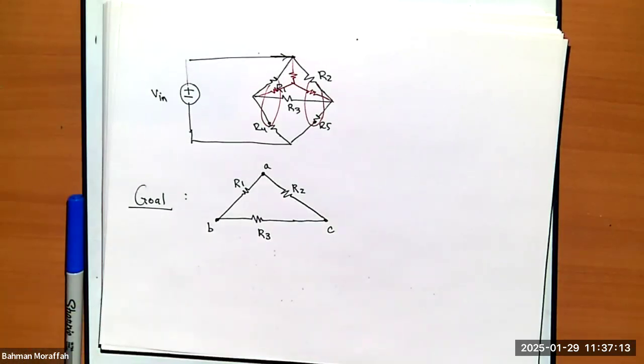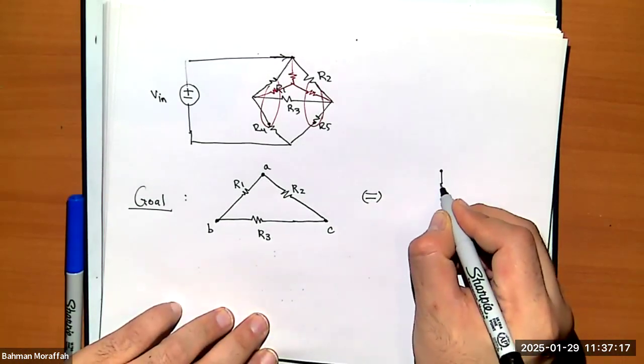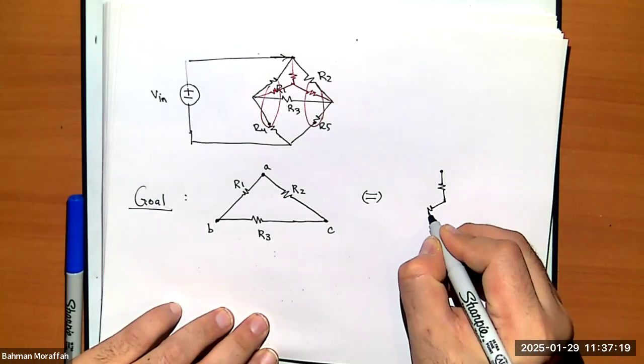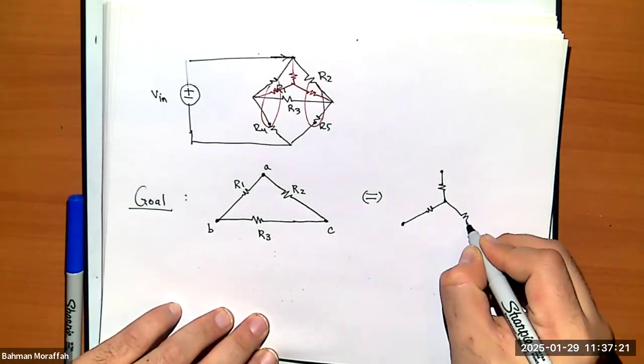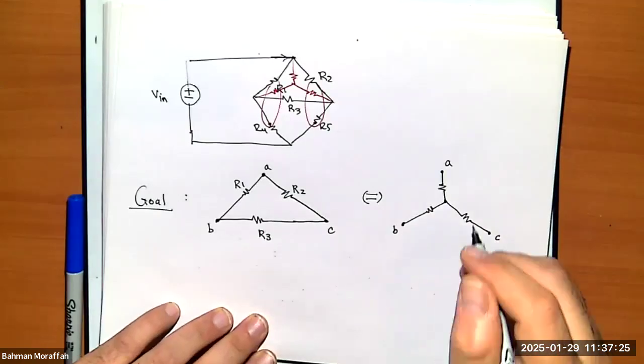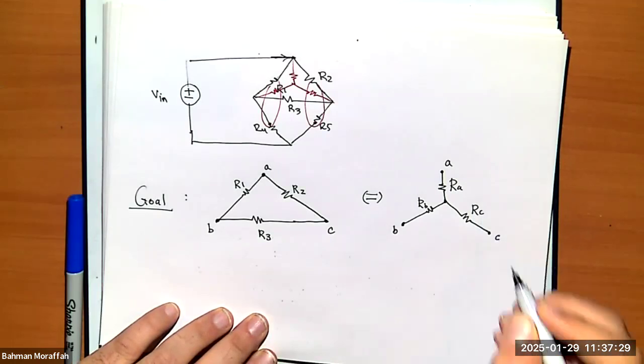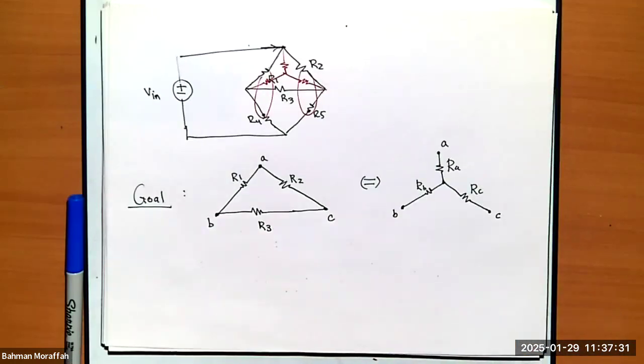Can I replace this delta with a circuit that looks like this, again between nodes A, B, and C? Let's just call this RA, RB, and RC. Such that the remaining of the circuit remains unchanged, and the external behavior of the circuit also remains unchanged.